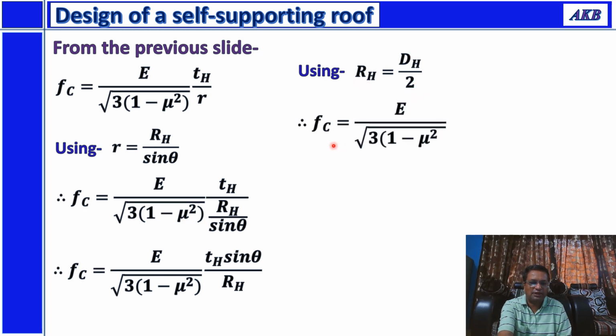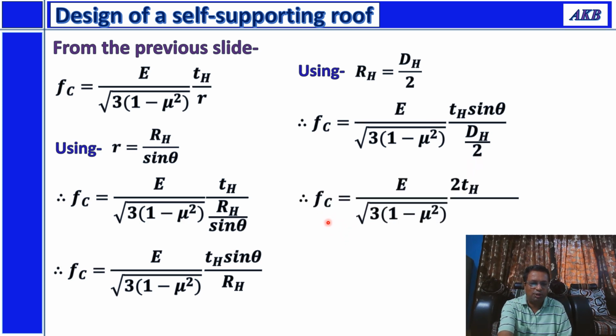If you use that in this equation for Fc, it will be Fc is equal to E upon under root of 3 into 1 minus mu square into Th sine theta, and now in place of Rh, it will be dH upon 2. After simplification, you'll have this equation: Fc is equal to E upon under root of 3 into 1 minus mu square into 2h sine theta divided by dh. So this 2 goes in the numerator, and you have this equation.